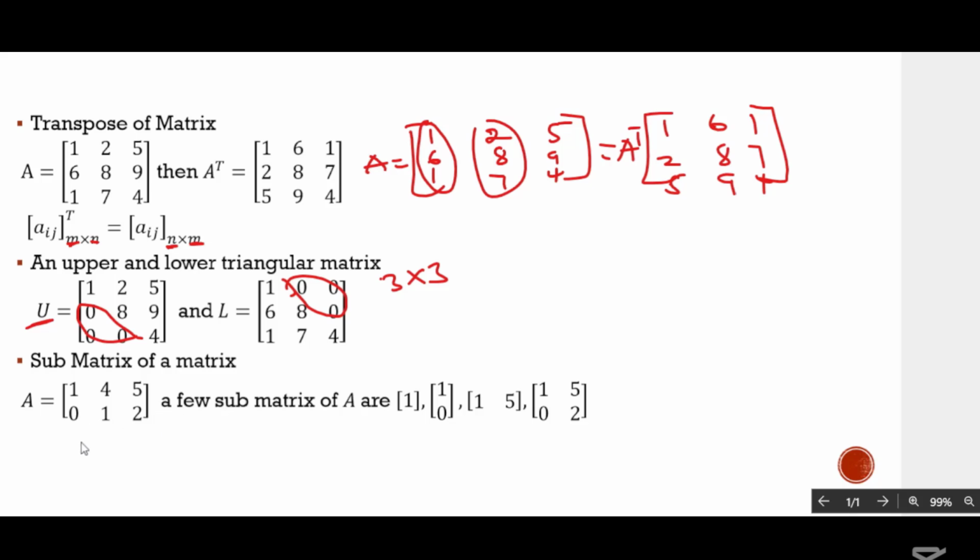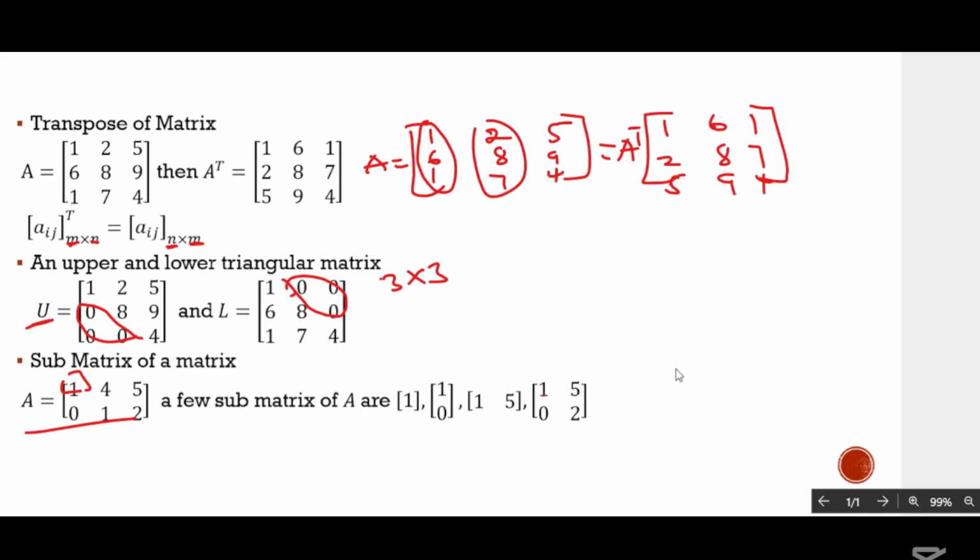Now, if you have a matrix, say A, which is equal to this, we can have a few submatrices of A. So we can take this one, it's a matrix. We can take 1, 0, which is also a matrix. Then we can take 1, 5, it's a matrix. We can take 1, 0, 5, 2. So 1, 0, 5, 2 is also a matrix.